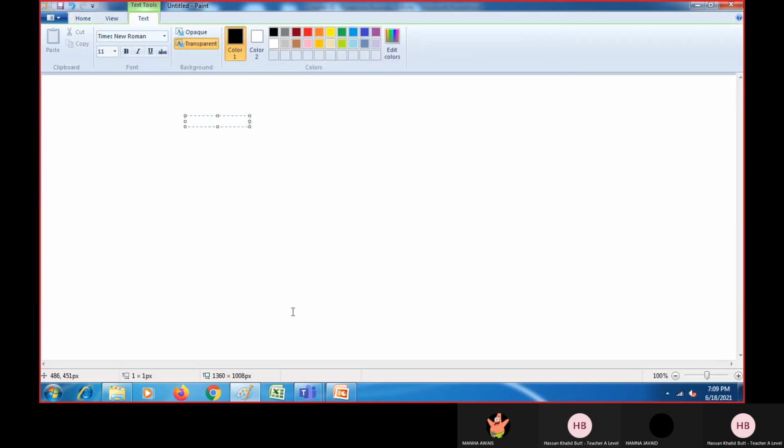Now, I'm writing this is capital expenditure. Now, there are actually three features which are found in such type of expenditure. Capital expenditure.